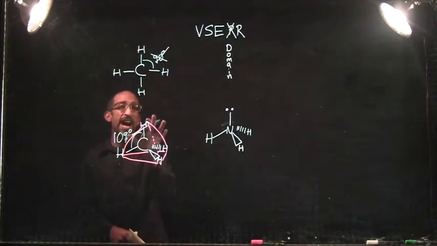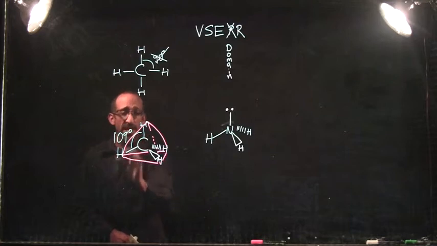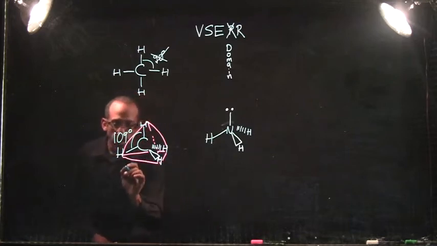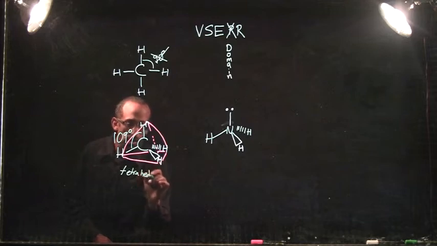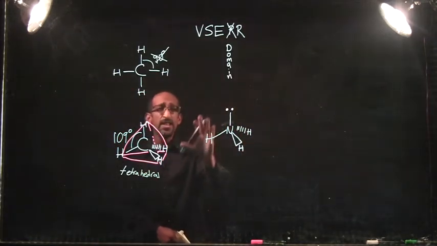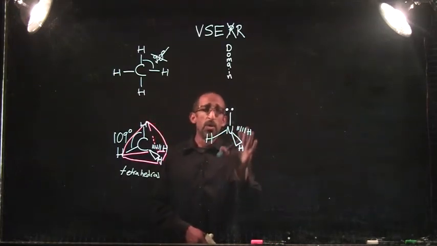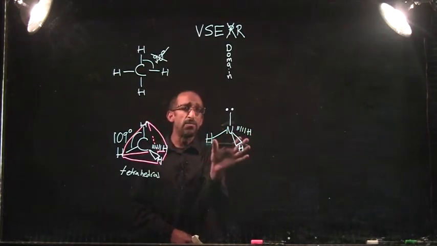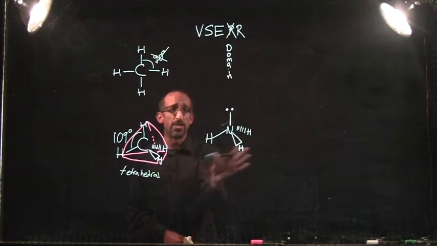Because we have an atom at every point of our tetrahedron here in methane, this is known as a tetrahedral geometry. Whereas here in ammonia, we only have 3 atoms comprising the points of the tetrahedron.